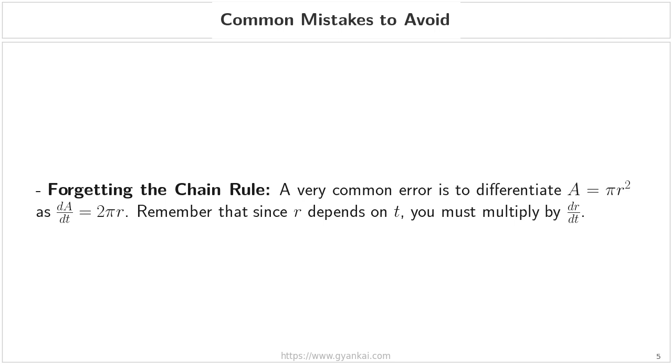A very common error I see is when students differentiate the area of a circle, area equals pi r squared, and simply state that the rate of change of area with respect to time is 2 pi r. You must remember that since the radius is a function of time, you cannot stop there. You must multiply by the rate of change of the radius with respect to time, which is written as dr over dt. Without this term, you are not accounting for how the radius itself is changing over time.